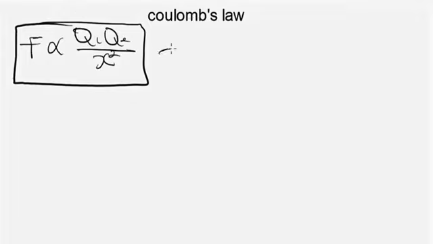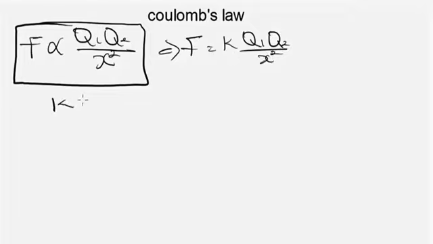Now, if we further simplify this, F is equal to K Q1 Q2 over x squared. Where K, which is the constant, is a popular constant, I believe you know of, which is 1 over 4 pi epsilon naught.